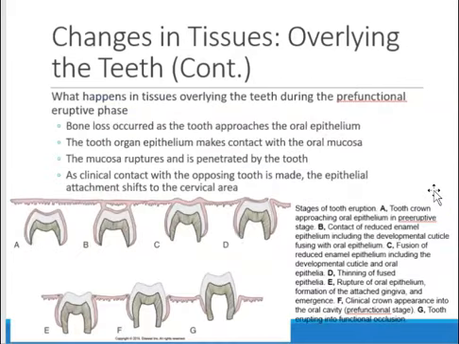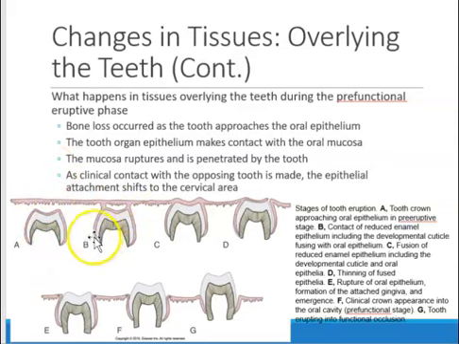Okay, so now let's look at the overlying tissues again, the tissues on top of the crown, on top of the tooth. Here you can see there's a gap. This is the oral epithelium, the outer layer of the gum. And here is your crown, which is starting to come out.